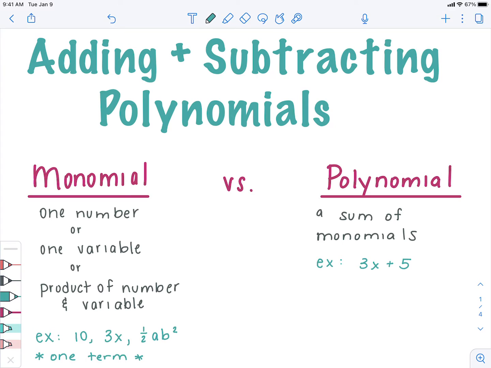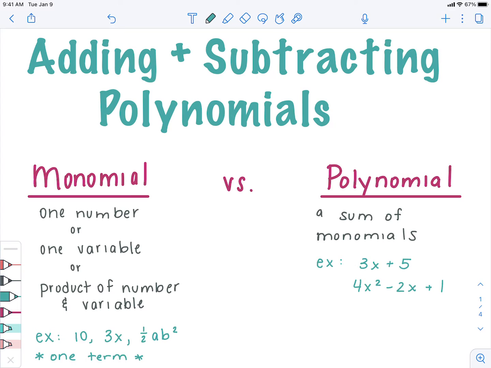I could also have things like 4x squared minus 2x plus 1. And anytime I'm writing a polynomial, I always want to write the things with the biggest exponents first, and I want to decrease the order of my exponents from biggest to smallest as I write it. That's called the standard form, and we'll look a little bit more at that as we move on in the lesson.